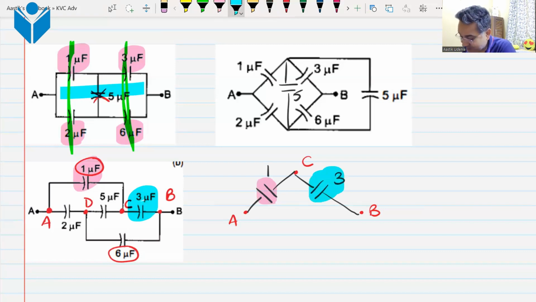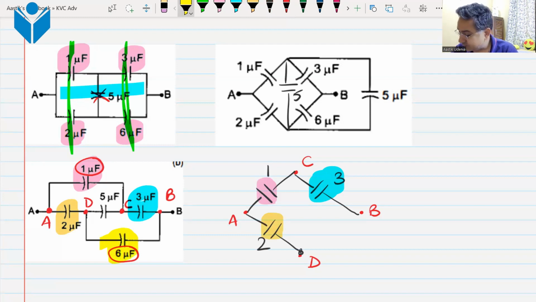So basically what I am doing here is just redrawing the circuit. Somewhere in between there is point D. Between A and D, you see this 2 microfarad capacitor. Between D and B, you can see this 6 microfarad capacitor.